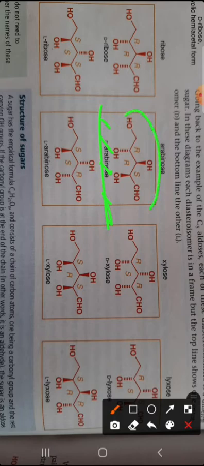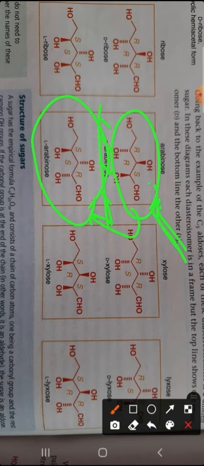These two molecules: if I take one of the molecules in front of a mirror, then the molecule changes the position of its OH groups and appears like this. So that non-superimposable mirror image molecule is called an enantiomer, and enantiomers show different physical properties. Which property? The optical activity of these molecules will be different.